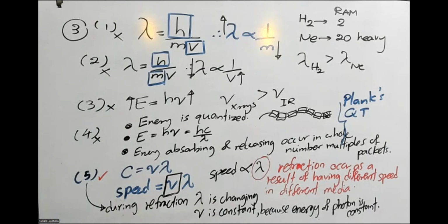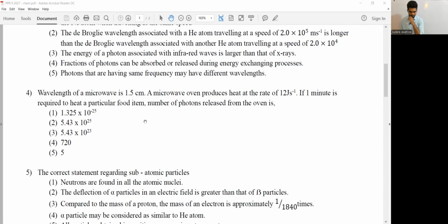It is again asking us to use Planck's equation. The wavelength of a microwave is 1.5 centimeters. A microwave oven produces heat at the rate of 12 joules per second. If 1 minute is required to heat a particular food item, the number of photons released from the oven is.